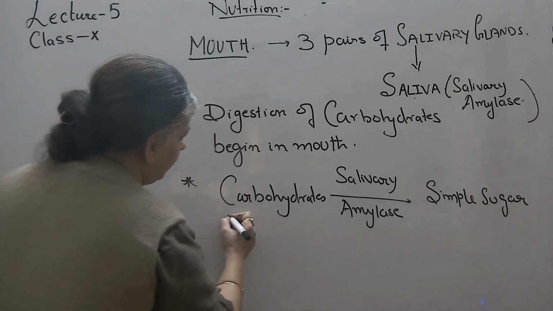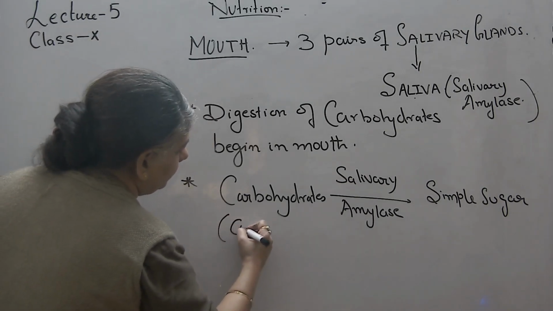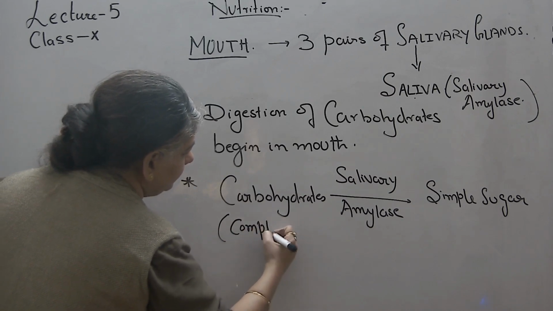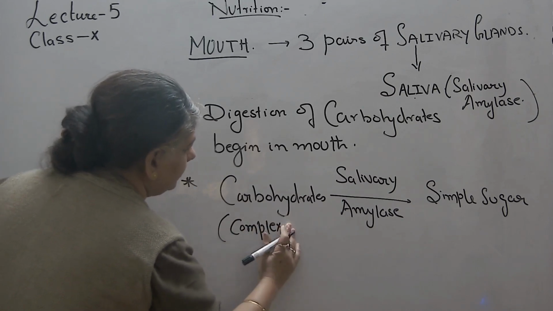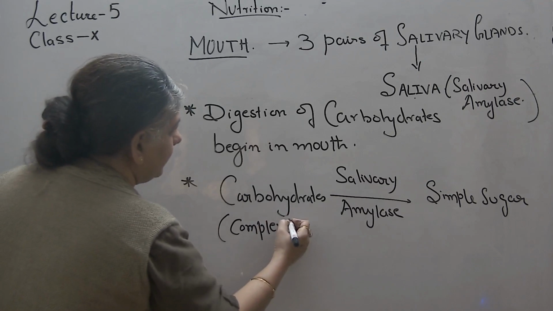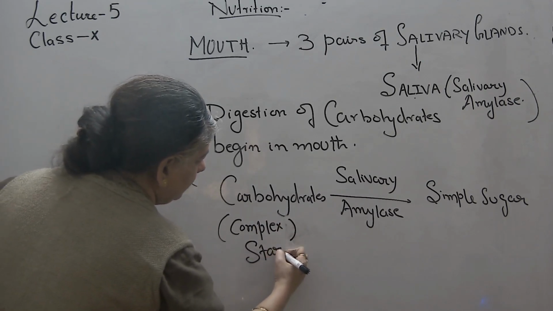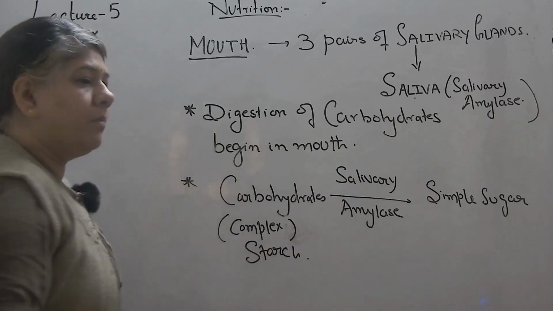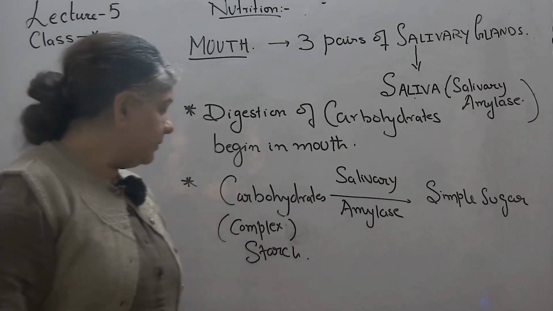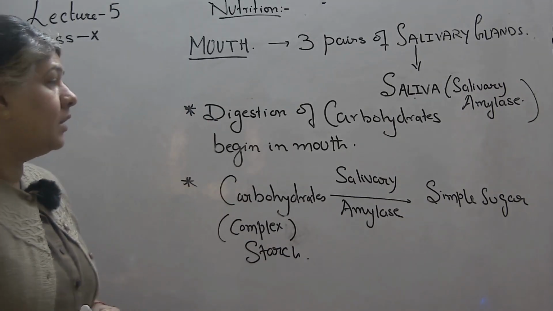Carbohydrates, basically these are complex in nature. For example, starch is a complex carbohydrate.